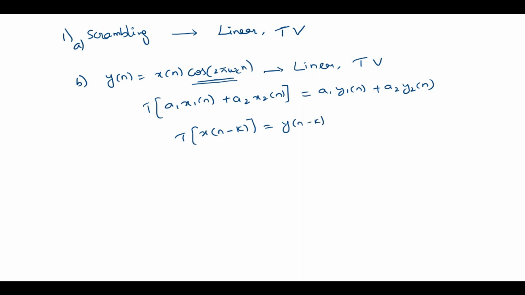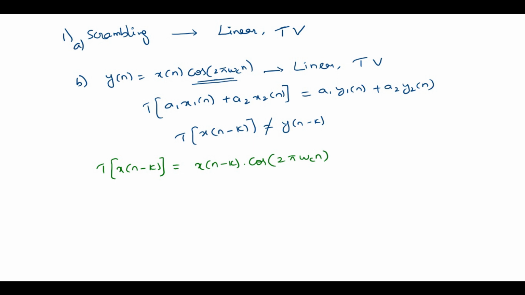Okay, this does not happen for modulated signals. Let's see, that is T of x of n minus k. The response of the system to a shifted input is x of n minus k into cos of 2 pi omega c n.